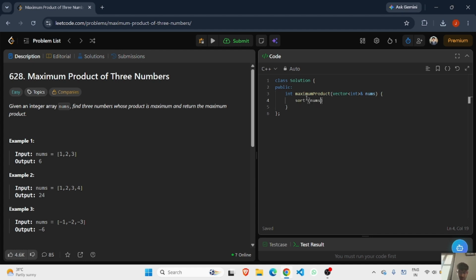nums.begin(), nums.end(). int n equals nums.size().